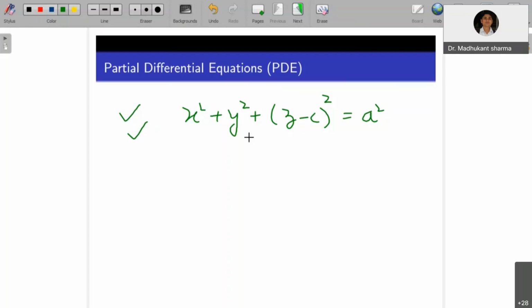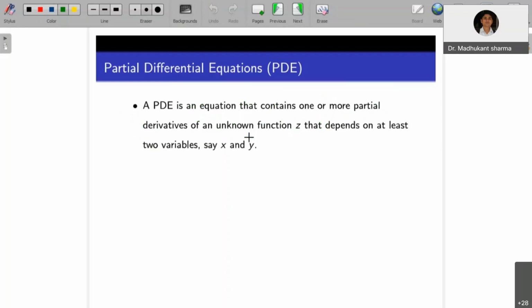Let's go through some theory. A PDE, in short form, a partial differential equation, is an equation that contains one or more partial derivatives of an unknown function z that depends on at least two variables x and y. Like you have seen in vector calculus, we mostly work with the surfaces z equals f of x comma y.